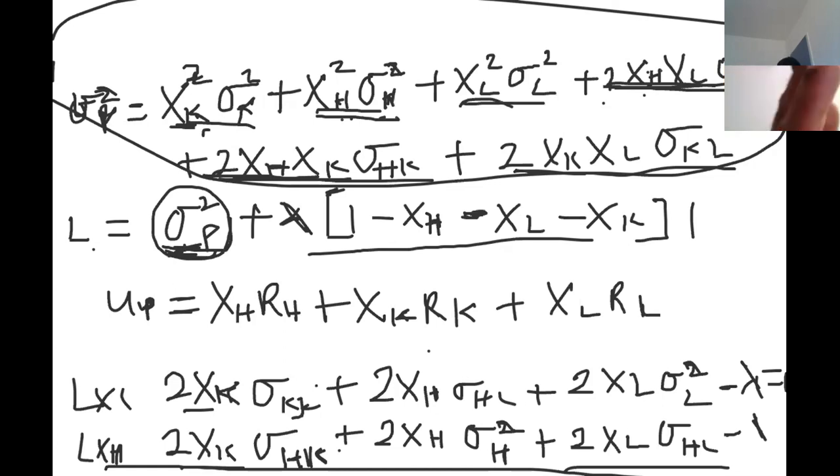Now in the mock, in the bonus exams, we were also given a portfolio return. That is also a second constraint. But in the one that I'm solving with the tutorial, we only have the one constraint, which is the weight.